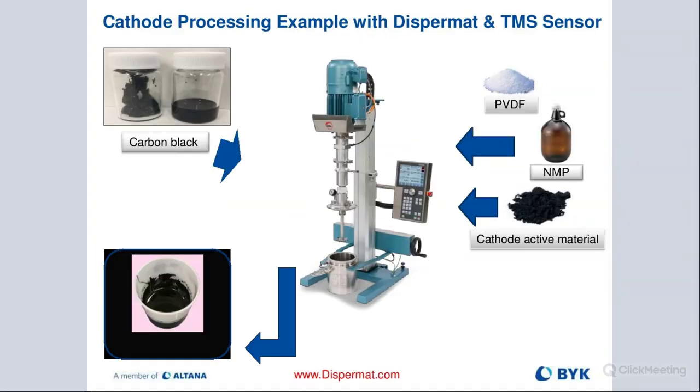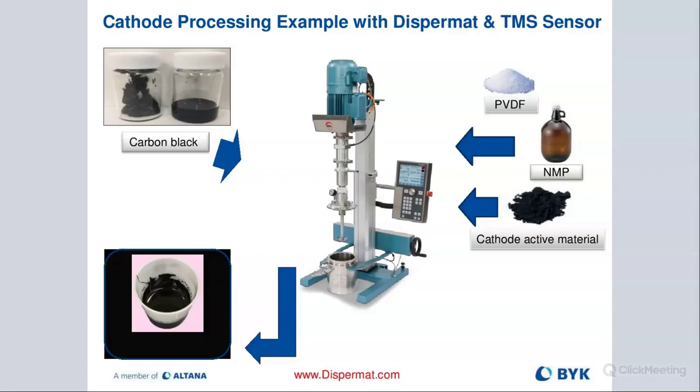So here's an example of how a cathode is being produced using a dispermat. In this case, we are using a vacuum system to take out any air.